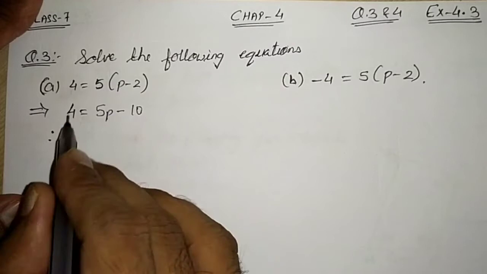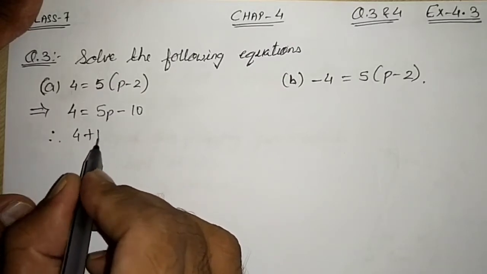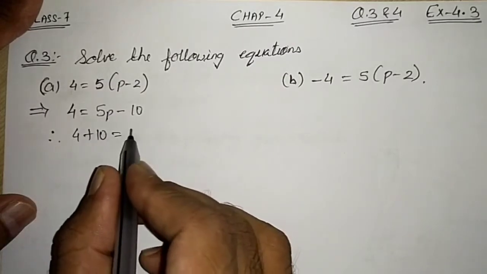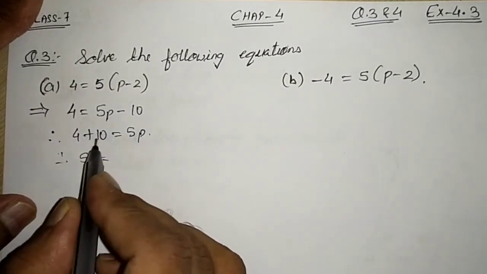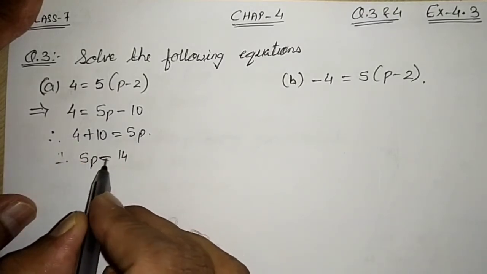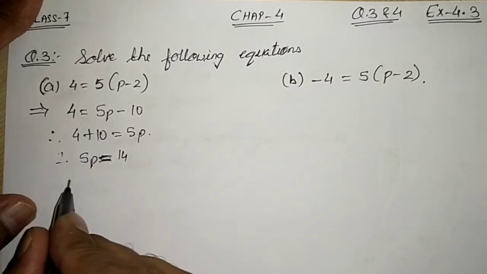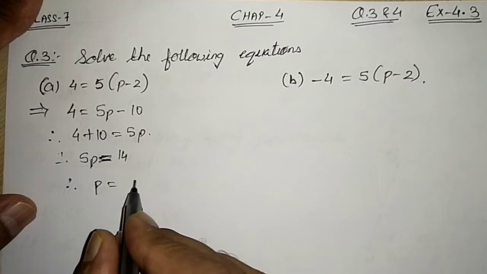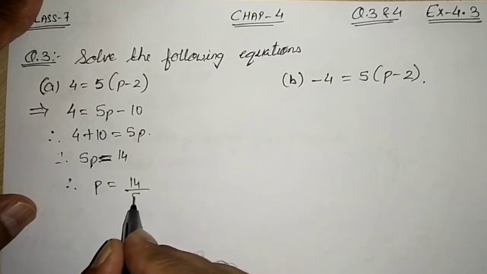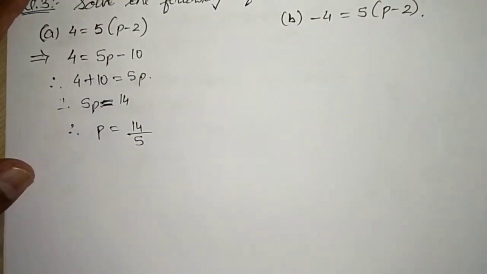This minus 10, if we transpose over there, it will go that side and become plus 10. So we will get 5p is equal to 14. Now 5 which is in multiplication we will take that side, so it will divide, so we will get 14 divided by 5. This is our answer.